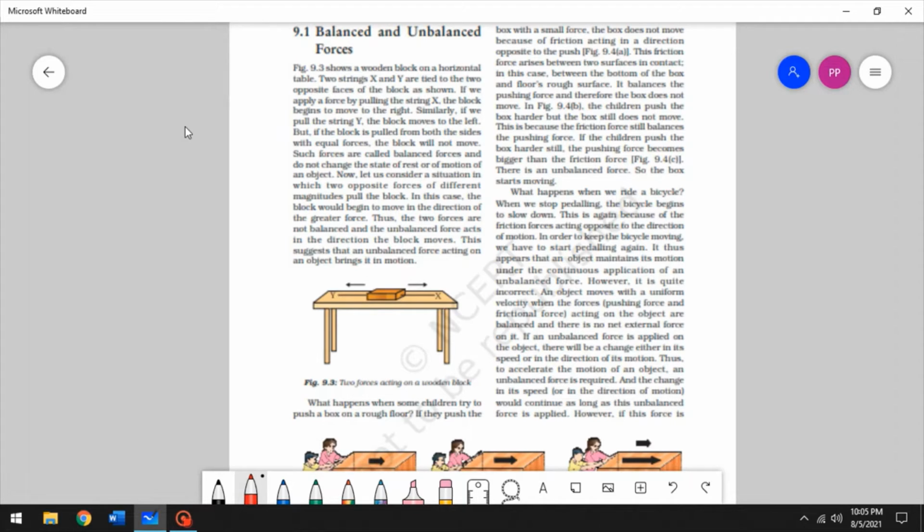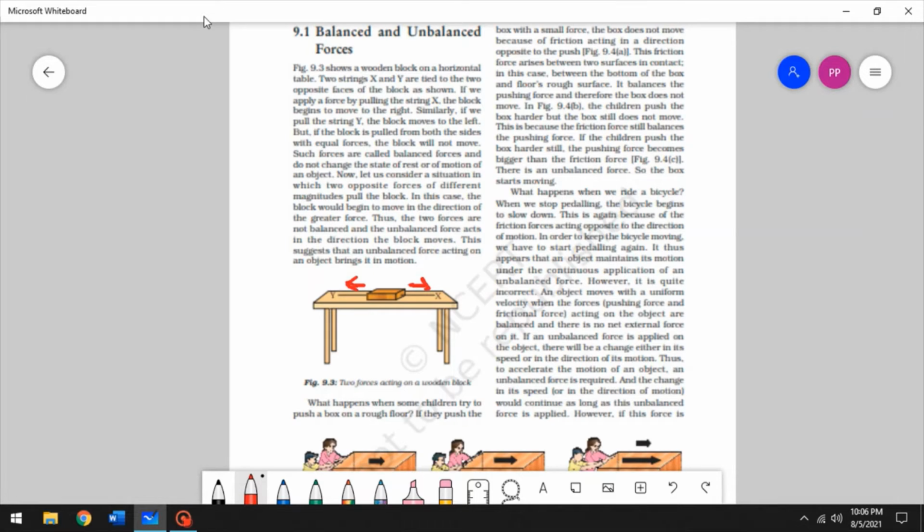Alright? So this figure shows a brick that's on a table, and two forces are being acted in opposite directions. Alright, so there are two strings X and Y, and they are being pulled from each side. So they're being pulled in opposite sides.